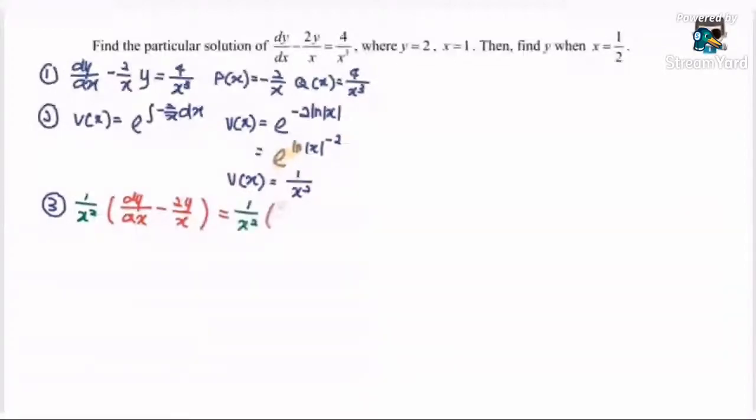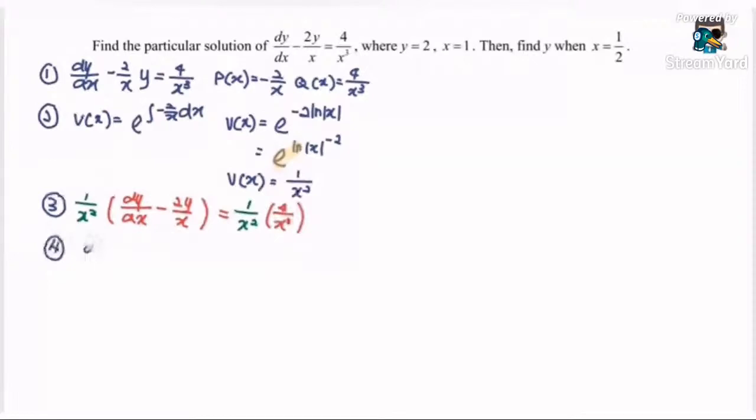Kindly simplify the situation and we will have d/dx of y over x squared equals to 4 multiply with x to the power negative 5.